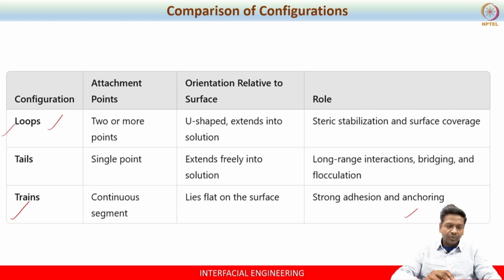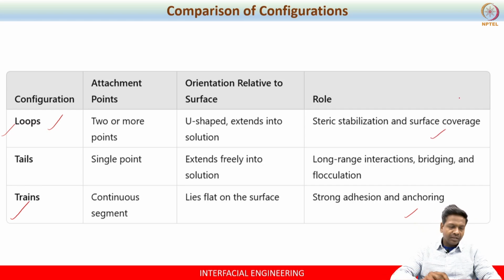In the case of loop, the polymer molecules anchor at multiple points on the surface, and it exhibits a U-shaped orientation. This will also lead to steric stabilization.